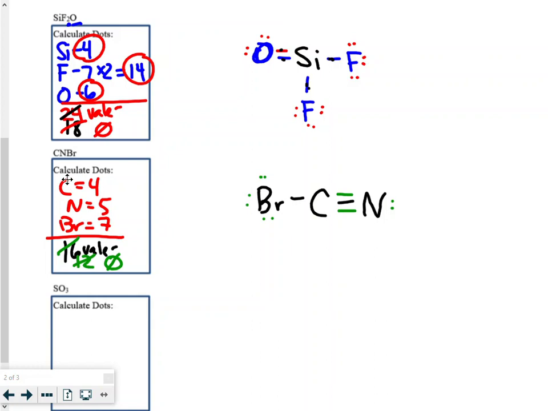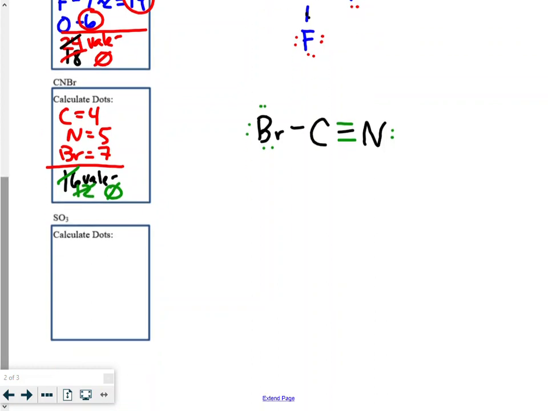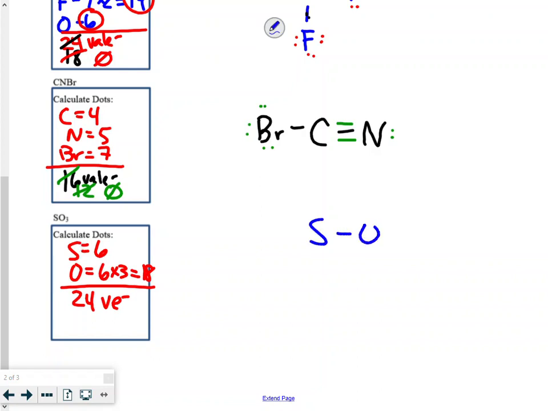Yes, try the SO3 one. Set it up. I'll be walking around. All right, looking at SO3, most of you got it correct, but I just wanted to go over it. S brings in 6. Each oxygen brings in 6. There's 3 of them, so that's 18. This is a total of 24 valence electrons. Sulfur goes in the center.